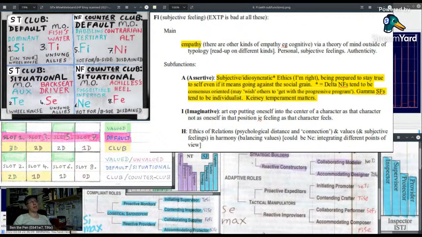So what I mean by that is, you can have the ISTJ in an environment where their feelings are different from the feelings and the standards around them, because that would be FE, that's external, sort of standards and morality.